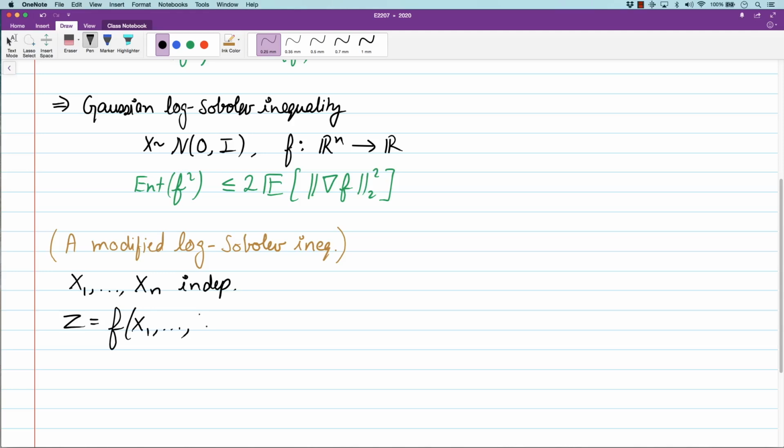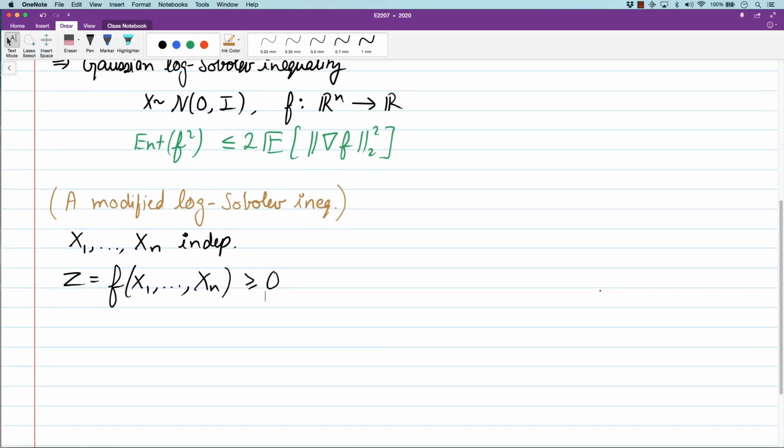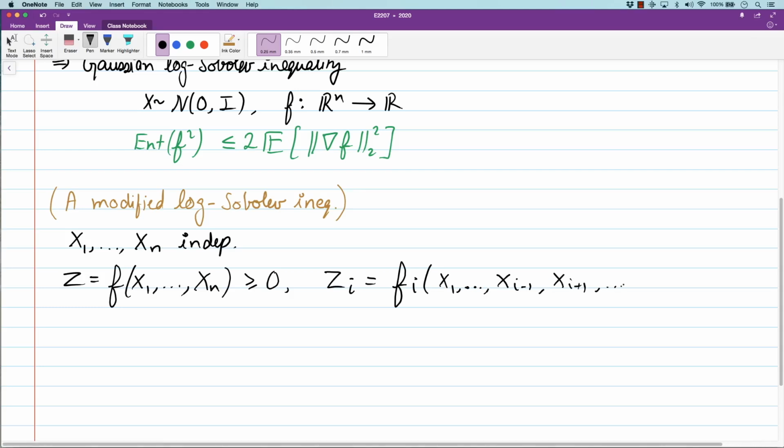This is a non-negative function, and we define another random variable zi, which is some function, let's say fi, of x1 to x_{i-1}, x_{i+1} to xn. It can be any function.